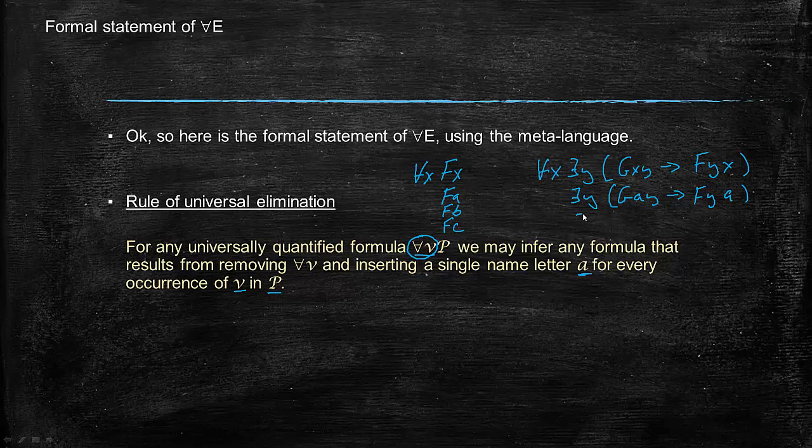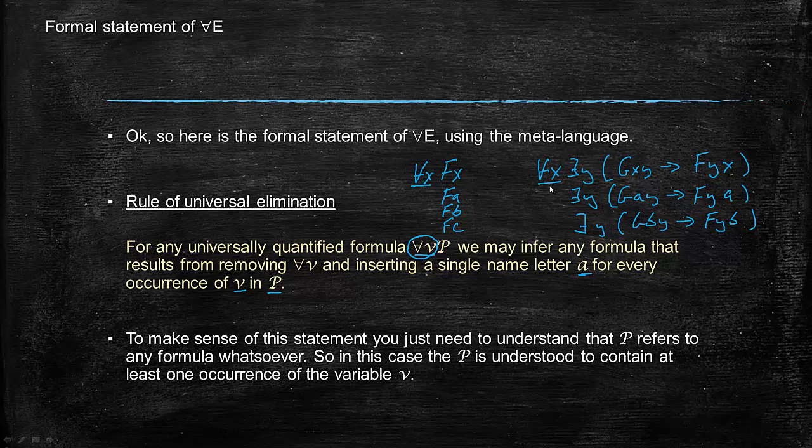And similarly, if you wanted, there exists a y, g b y, then f y b, etc. The important thing here is to realize the only reason you can do this is that in both cases these are the main operators. If this existential had been a universal, you could not operate on this until you had removed the first operator.